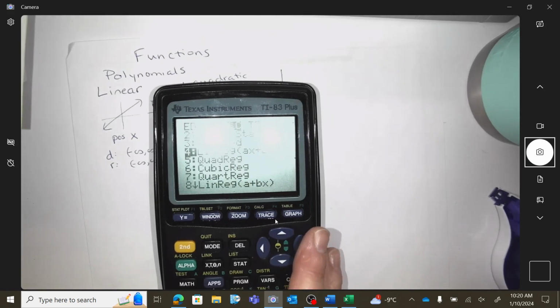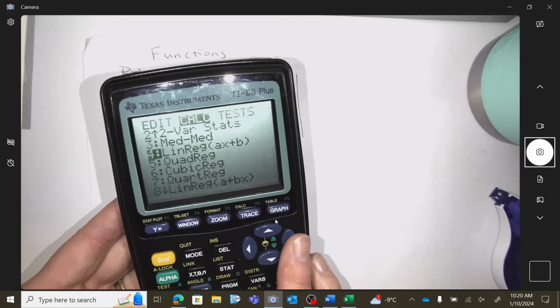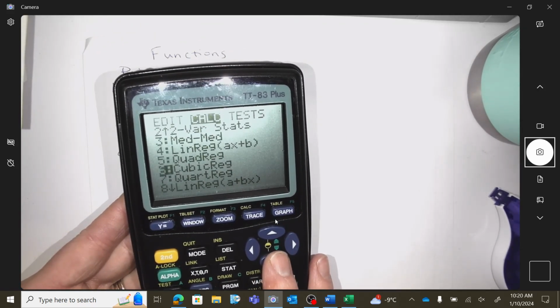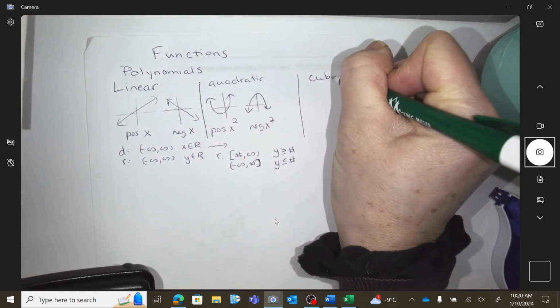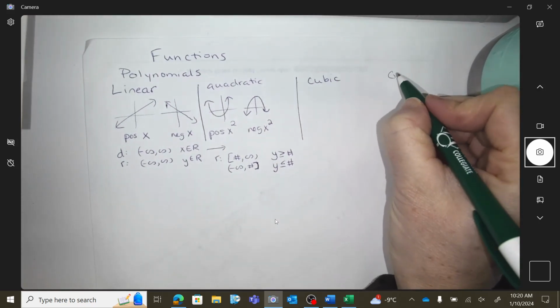Okay, so please remember in your screen, these are the orders, right? Linear, quadratic, so then we have a cubic and a quartic would be the next two. So cubic, quartic.